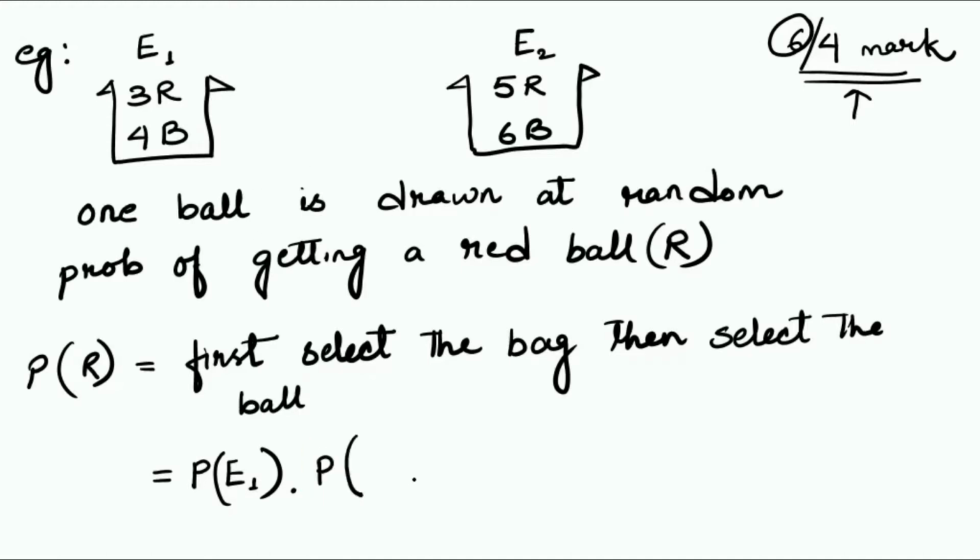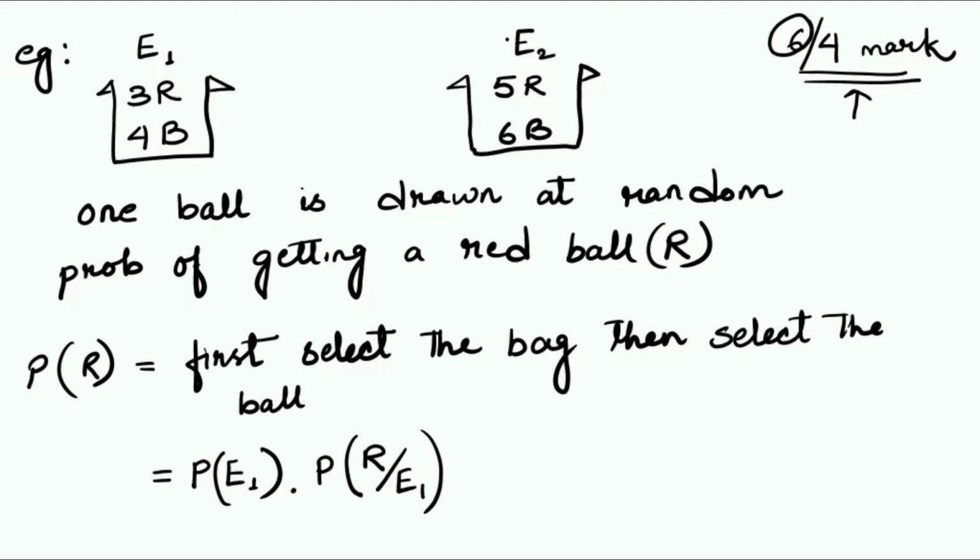That is the probability of a red ball, provided I have selected bag 1. So the probability of bag 1 into the probability that red is coming from bag 1, that is the probability of selecting a red ball from here. But when you're putting your hand inside that bucket where these two bags are there, you may put your hand here also.